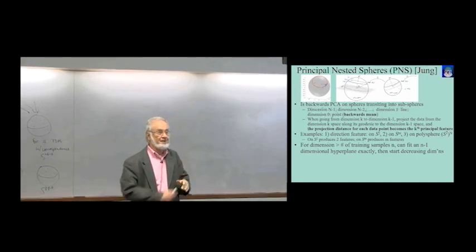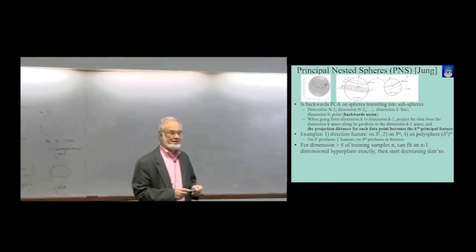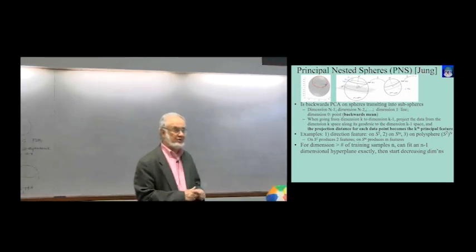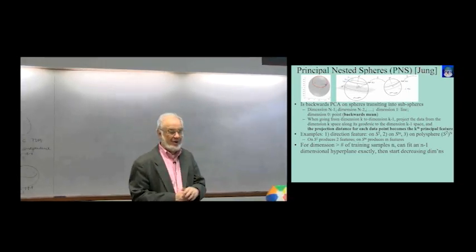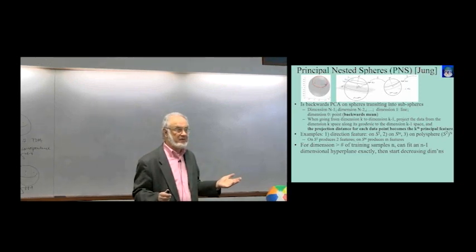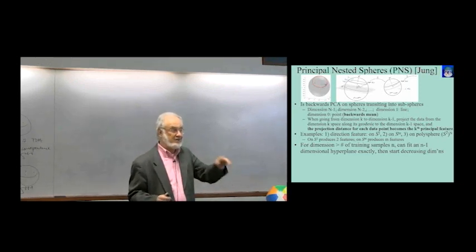Let's be careful. If you have capital N data points, there is a sphere of dimension capital N minus 1 that fits that. And so in my particular example with only 4, I can start with a 3 sphere because I know all the data. I don't have to go from 12.